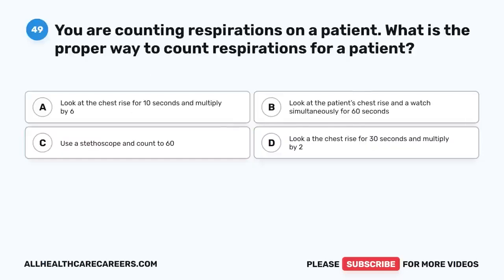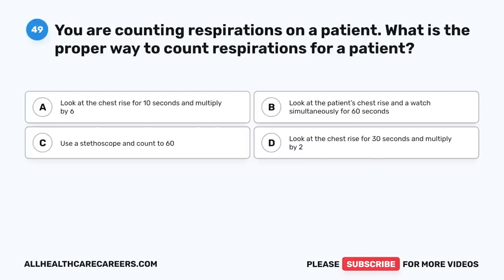Question 49. You are counting respirations on a patient. What is the proper way to count respirations for a patient? A. Look at the chest rise for 10 seconds and multiply by 6. B. Look at the patient's chest rise and a watch simultaneously for 60 seconds. C. Use a stethoscope and count to 60.